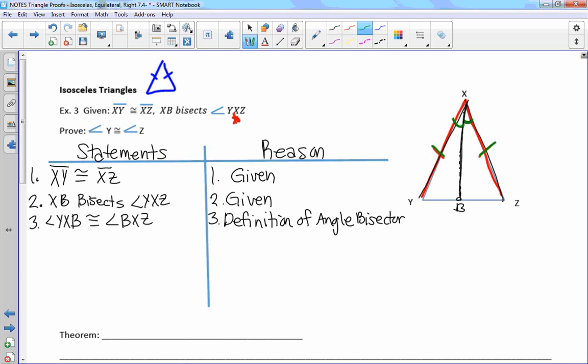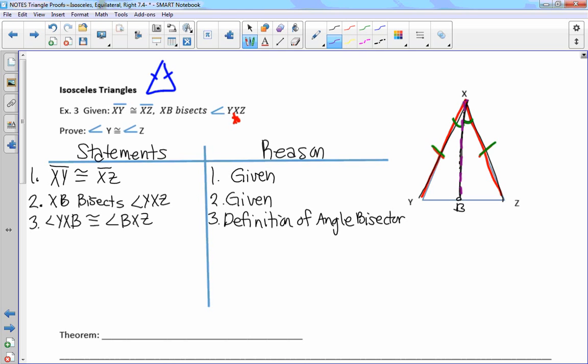What else do we know about these two triangles? Well, for all of the ones that are congruent, you have three letters. I have an S and an A. Can we come up with another congruent part, a side or an angle, to use one of our postulates in our problem? Yeah, XB is congruent to BX. Don't they share this bisector? They both have that as a side length, correct? Yes or no? Yes.